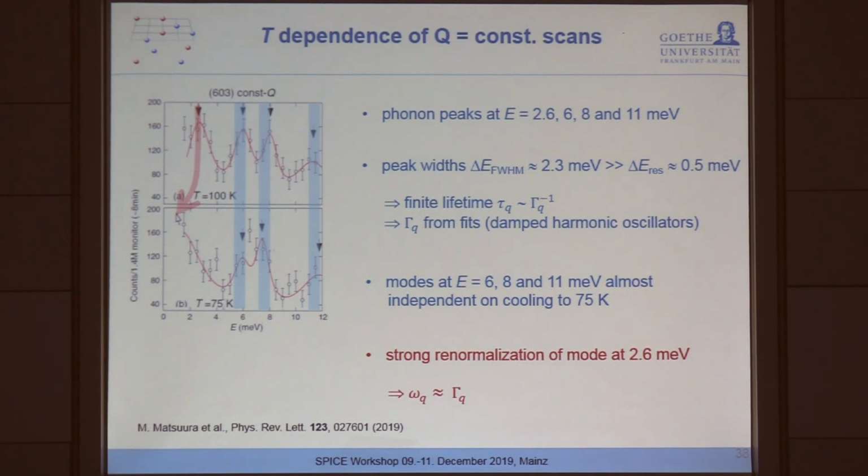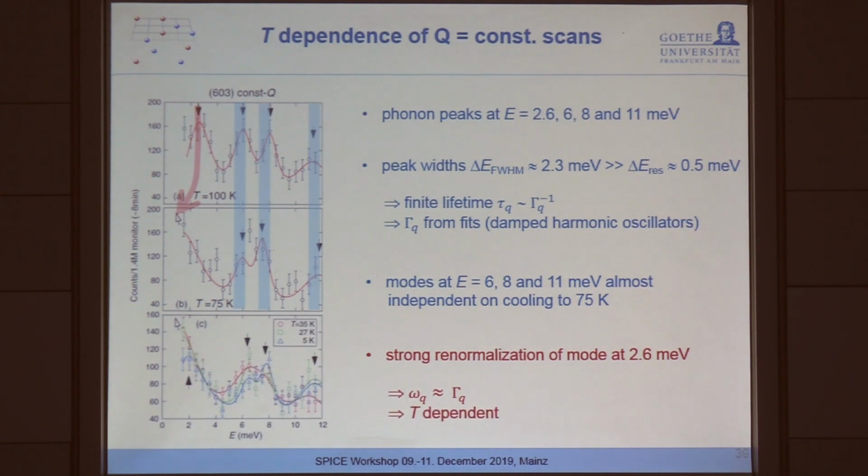Apparently there's a strong renormalization going on for this low energy peak, indicating that the damping factor becomes of the order of the bare mode itself. If you further cool down the system to 35 Kelvin and 27 Kelvin, you see essentially the same behavior. However, if you cool down to 5 Kelvin, then the peak recovers. So apparently this phonon renormalization effect is strongly temperature dependent.